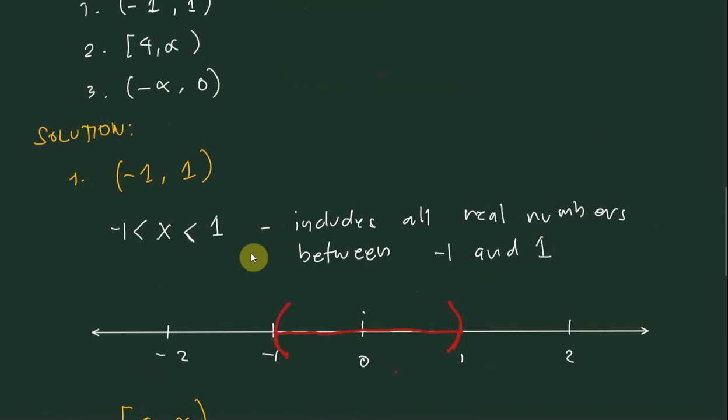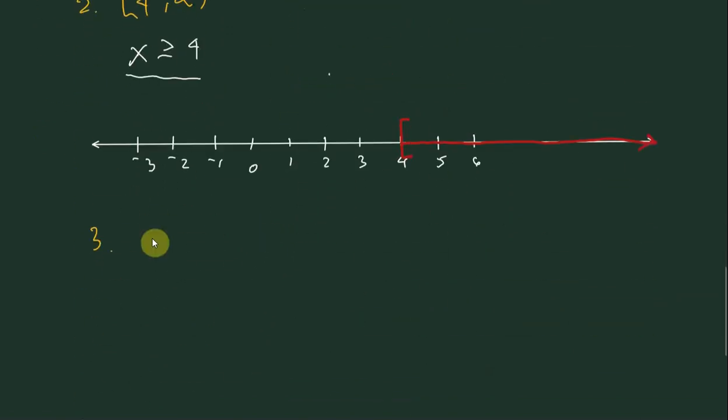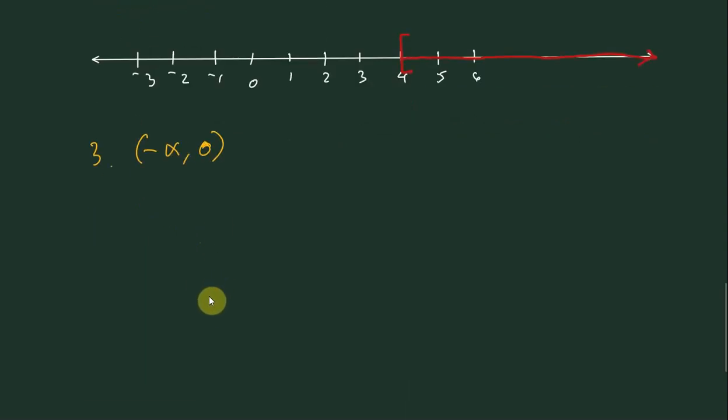Negative infinity, 0. So what does this mean? Okay, let's take the inequality for this. So this basically means x is lesser than 0.